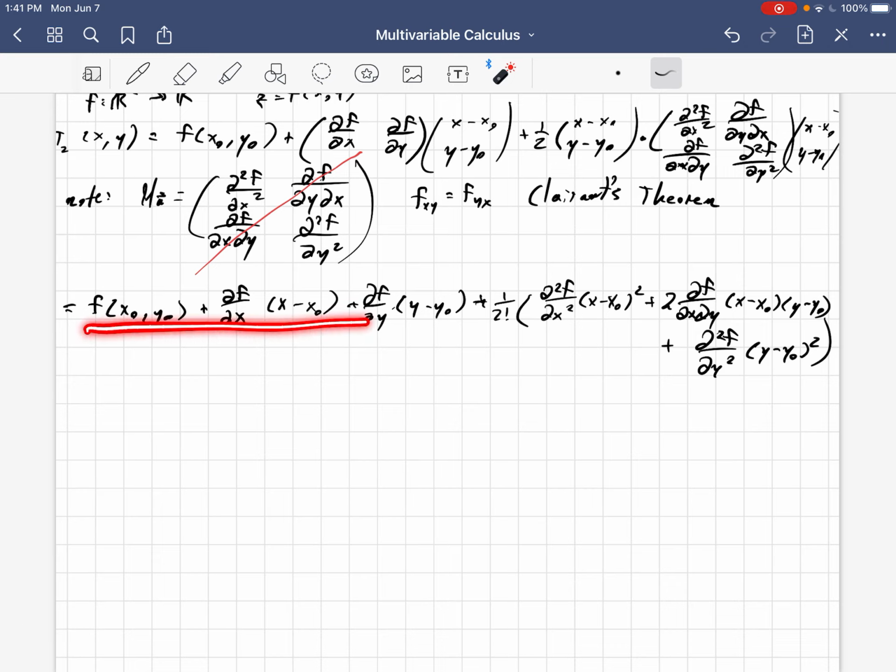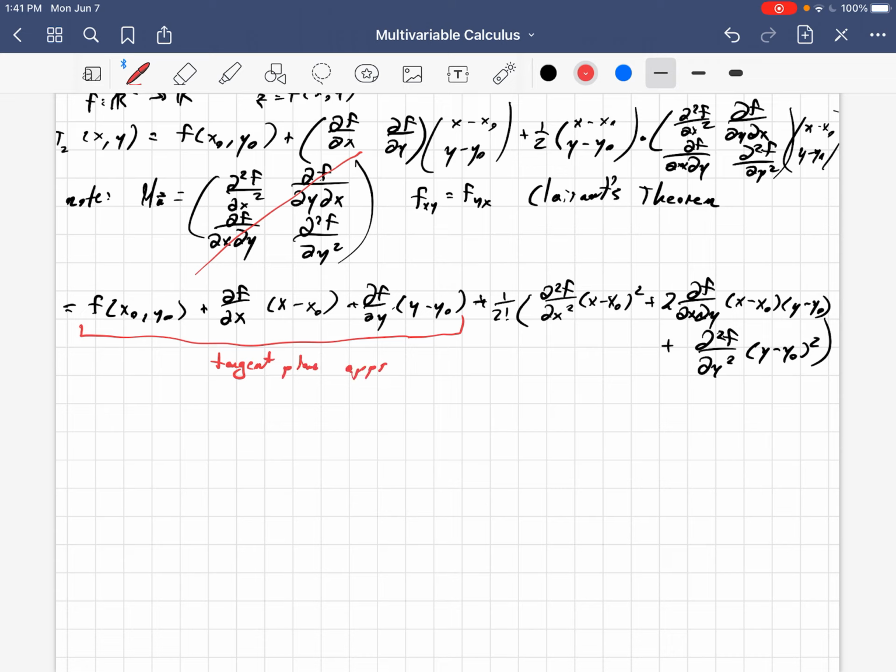So as it turns out, this here, I'll underline it actually, this here represents a tangent, in this case a tangent plane approximation to the function f of x, y at the point x naught comma y naught.